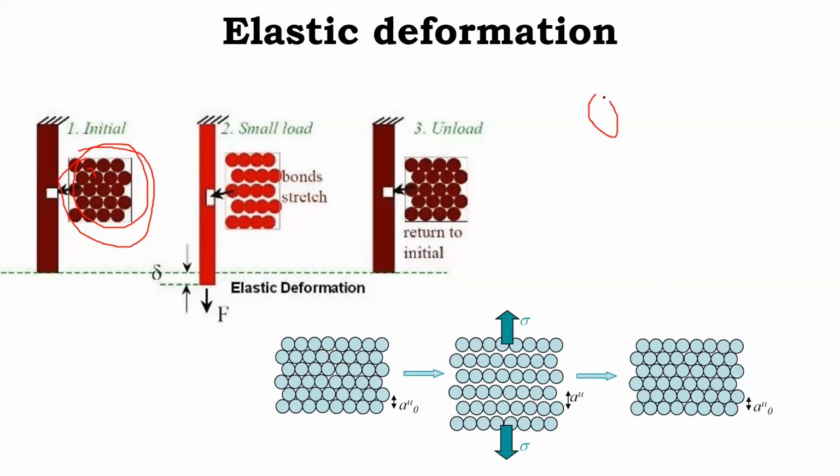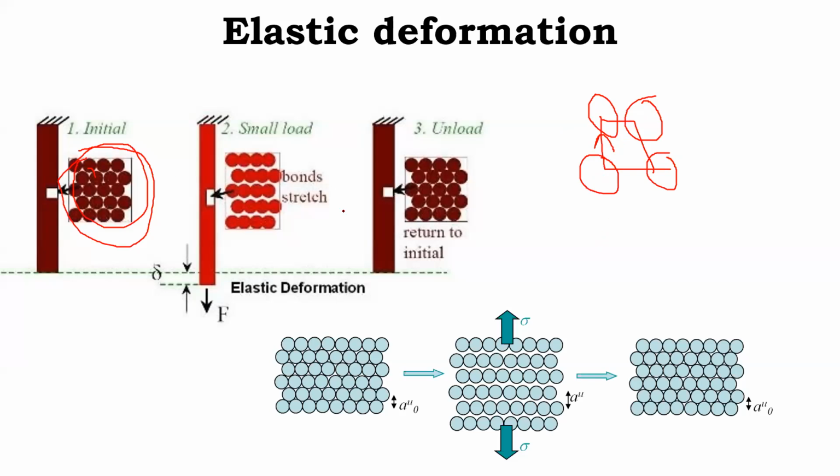Suppose this is a molecule, this is the next molecule, and suppose they have cubic structure, they will have the bonds between them, and these bonds will try to keep these two atoms very close to each other. This cohesive force is always present between two molecules, and that will try to keep these molecules as close as possible.